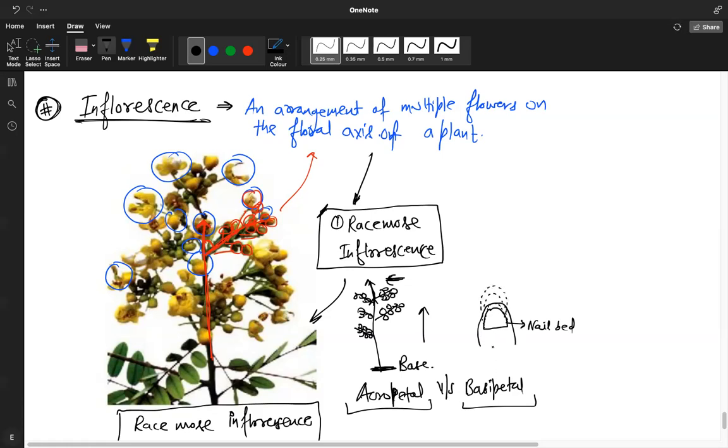Yes or no? Yes. So this is the side which is the top, the farthest most. Does the new nail growth happen here or here? So this is the base of the nail. Where does the new nail grow? Where is the growth and division happening? At the base or towards the side which is coming beyond the edge of the finger?